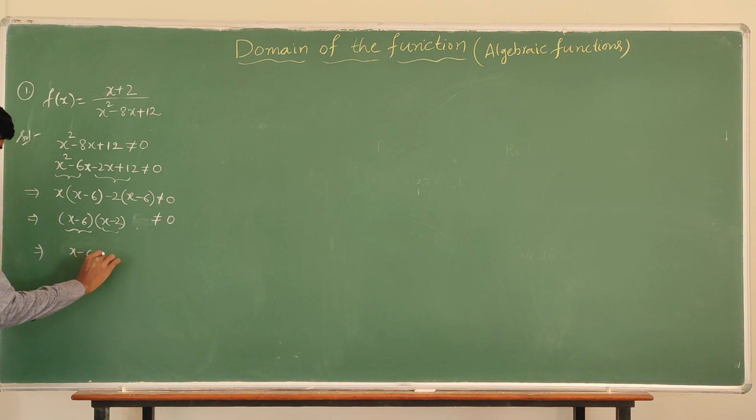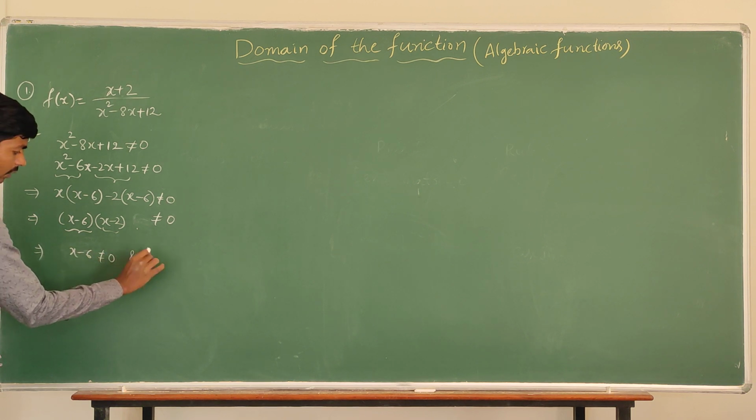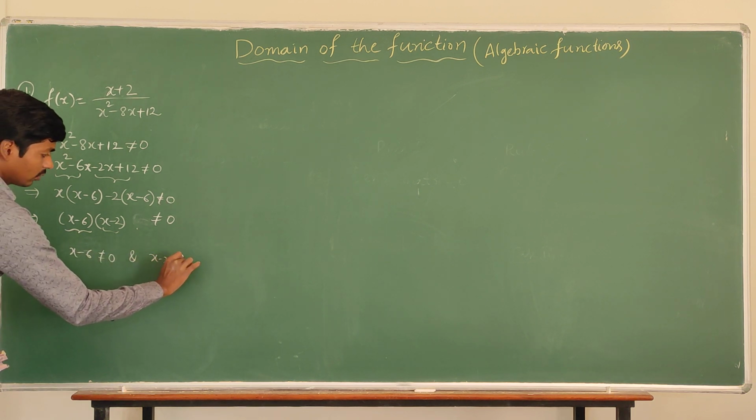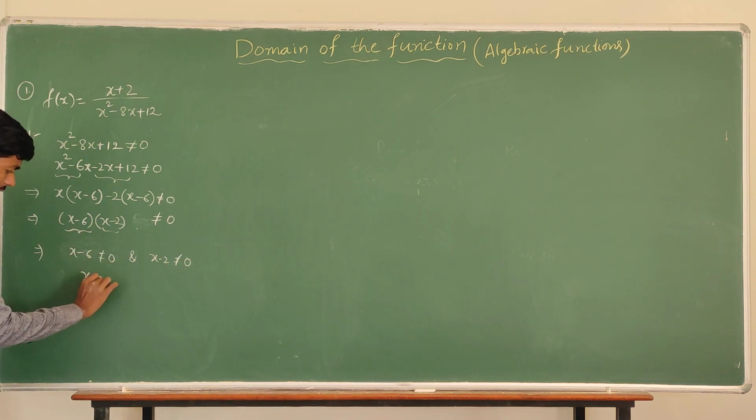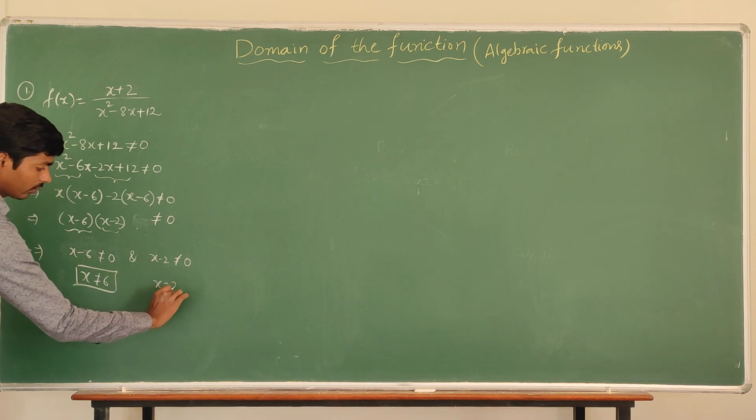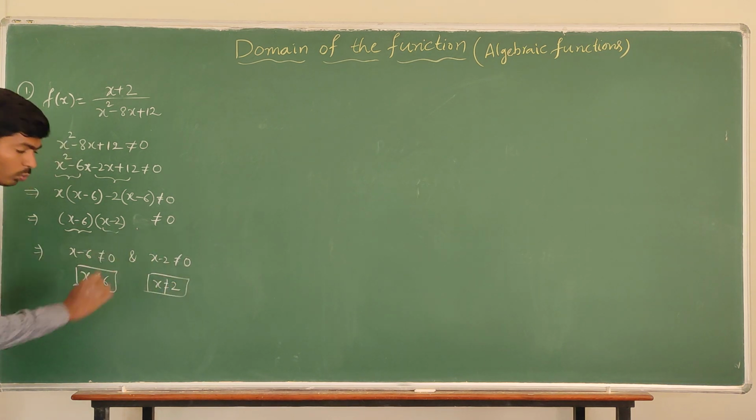Now here x minus 6 is not equal to 0 and x minus 2 is also not equal to 0. So 6 transposes to that side: x not equal to 6 and x not equal to 2.